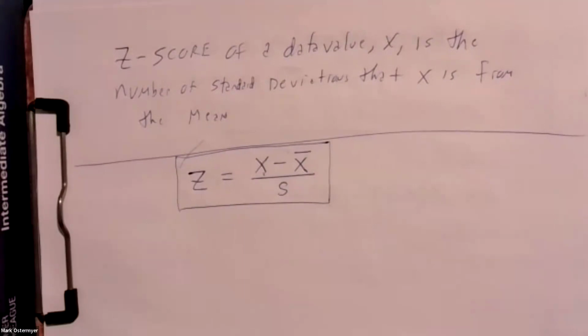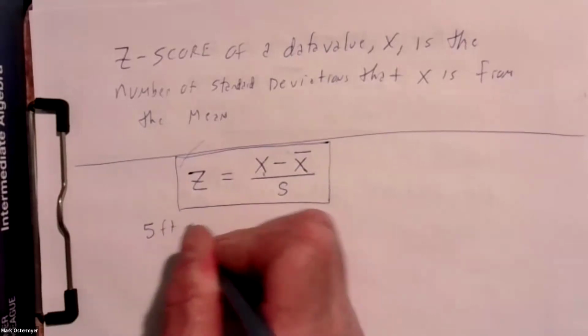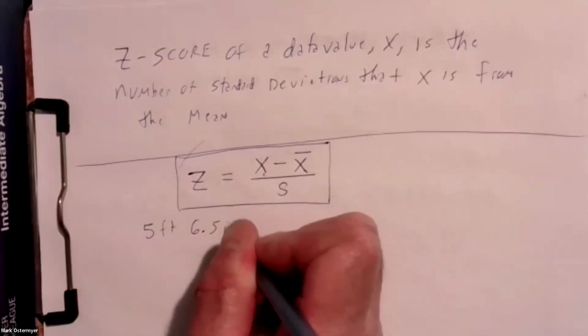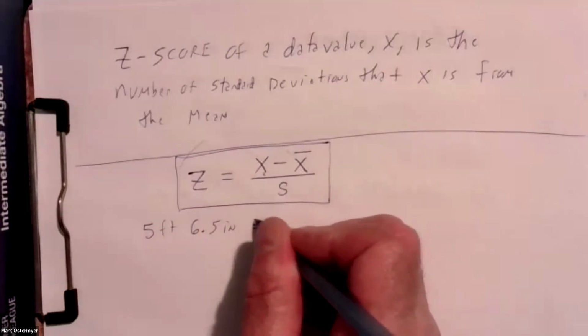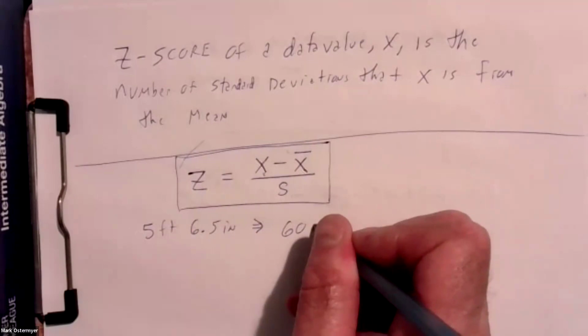Now, to answer this question, out of the 1,000 randomly selected men, how many would you expect to have a height between 5 feet 6.5 inches and 6 feet 0.1 inches? Well, 5 feet 6.5 inches, I'm going to convert into nothing but inches. 5 feet is 5 times 12 or 60 inches.